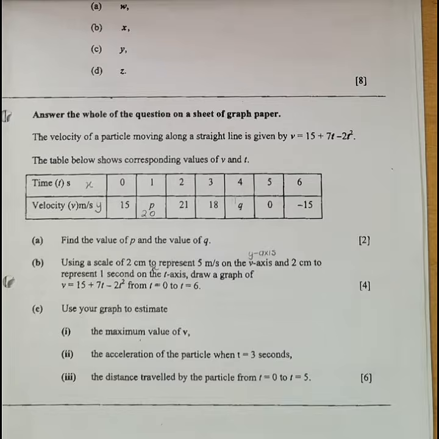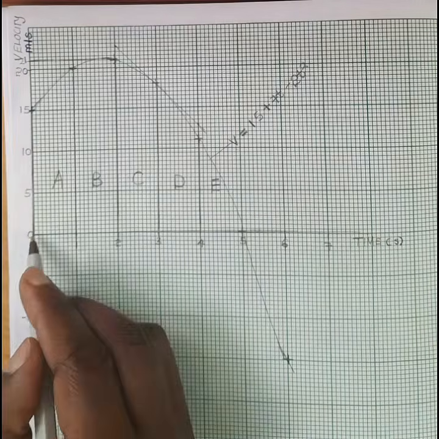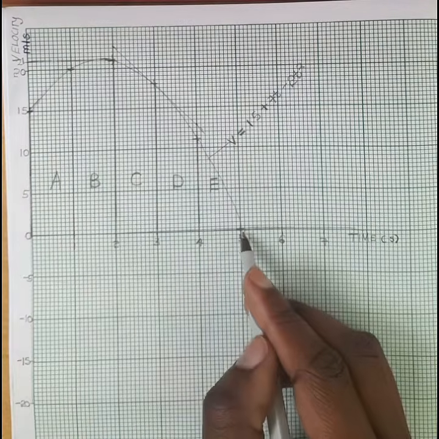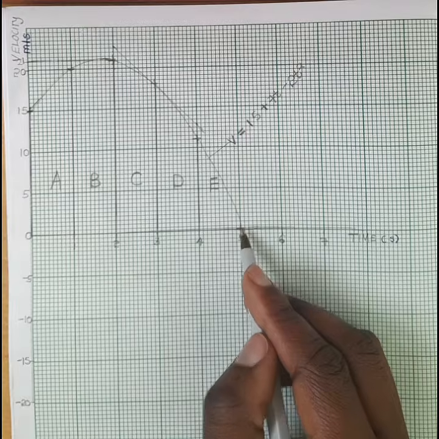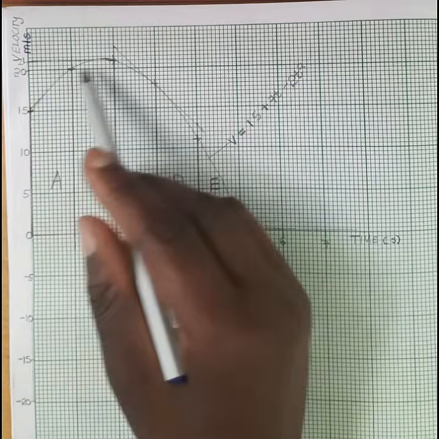The question reads, use your graph to estimate the distance traveled by the particle from t equals 0 to t equals 5. So this is our t equals 0, and then this is our t equals 5. We need to find the area under the graph.